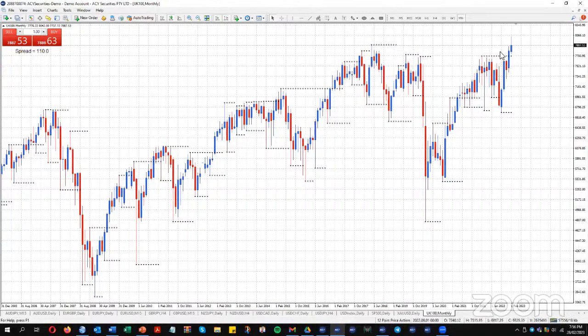I mean, this is the most positive index, I think, across the world at the moment, relatively speaking, when we look at the other ones. But yes, it could hold there.